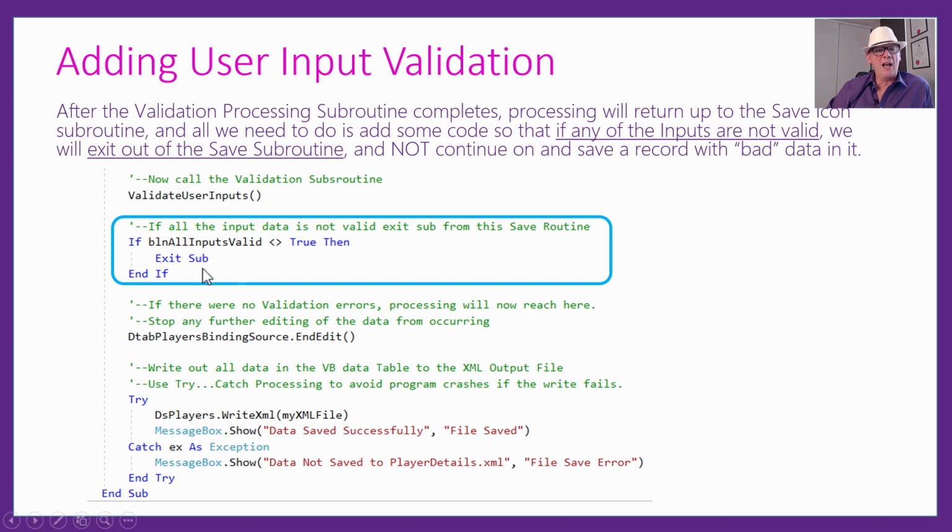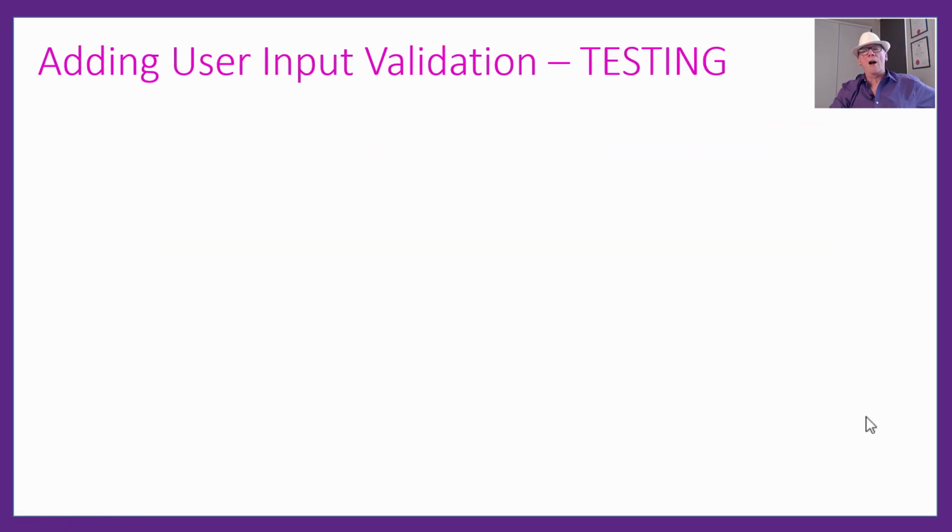These two arrowheads mean not equal to, by the way, in Visual Basic. So if it's not equal to true, obviously if it's false, then we exit the sub. If it is all okay, we'll come down into here and we just use the same code we had in version 1 and write it out to the XML file. And so that's version 2 finished, and now we need to test it all. And because we did validation, there's going to be a lot of testing.